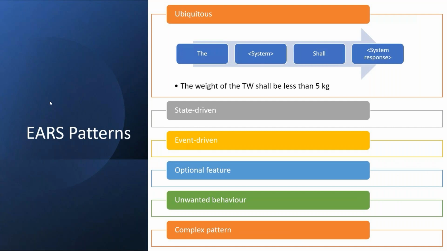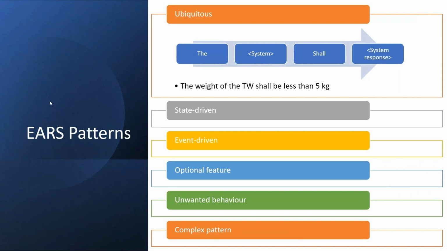So as we will see during the webinar today, it is clear that the ubiquitous requirement is one more of the different types of requirements that we can manage. But the point will be that we should tend to avoid it, or just use this ubiquitous pattern for very, very specific topics, like, for instance, this one: the weight of the Temperature Warrior, which is the name of my system, shall be less than 5 kilos.